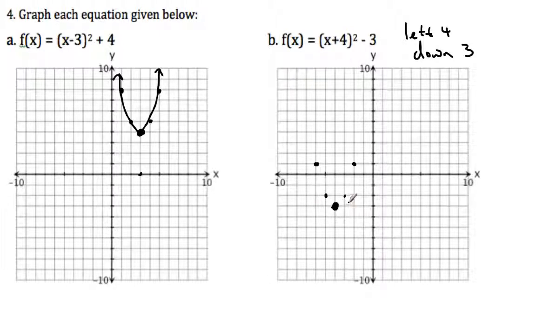Now on x squared, it goes over 1, up 1, over 2, up 4, over 3, up 9. The way you can remember this is 1 squared is 1, 2 squared is 4, 3 squared is 9. From this spot, let's go over 3 and up 9. 1, 2, 3, and now up 1, 2, 3, 4, 5, 6, 7, 8, 9 to here.